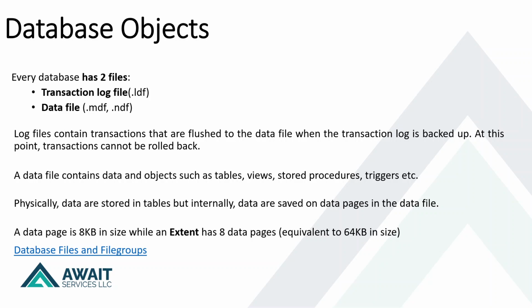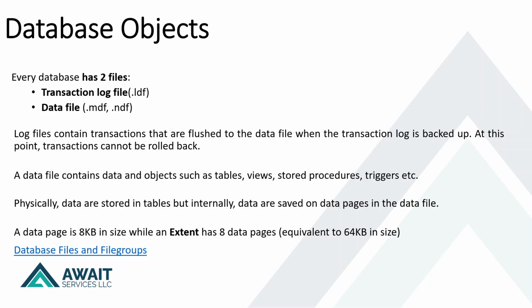So when you now back up your transaction log file, which we'll talk about backup later, these transactions will get flushed into the data file, and at this point you cannot roll back again because these transactions have been committed. Committing a transaction is similar to saving something.